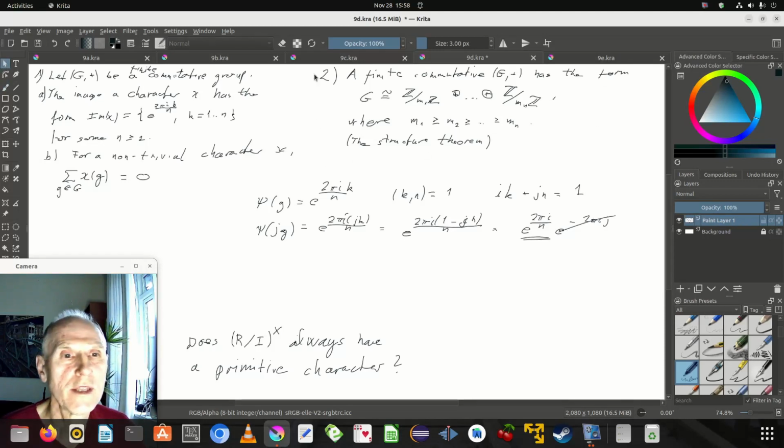We will actually need the structure theorem here. But now let's just take the sum over all the powers of that g. You see, we had to use the structure theorem. We do this for each of these cyclic groups. So let's say we've done it here for this guy, and then we have to do it for the others as well.